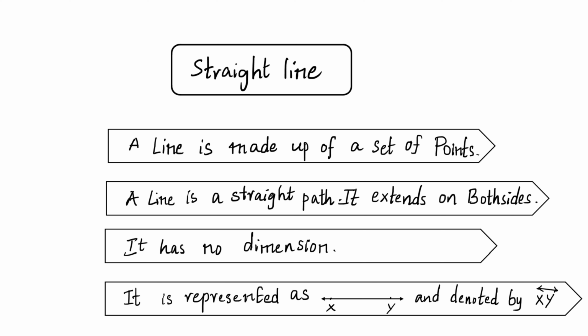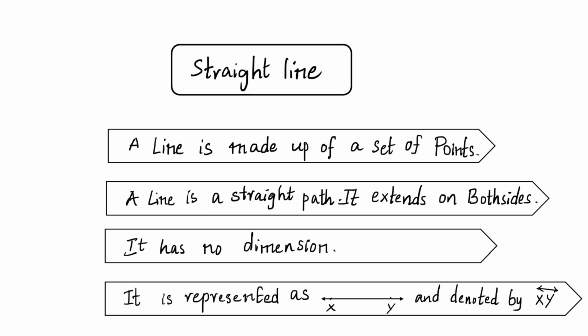So how is a straight line formed? A line is made up of a set of points. A line is a straight path. So it extends on both sides. Does a straight line have measurement? No, it has no dimension because it extends on both sides. So every time it changes. It has no finite length.